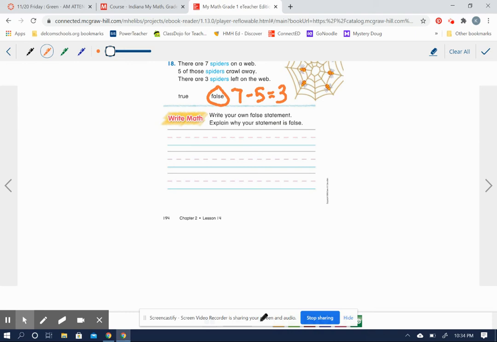You come up on this top line and you make your own false statement and then tell me why it's false. Okay, is it because the whole number is incorrect, or whatever the reason is for your sentence being incorrect or false?